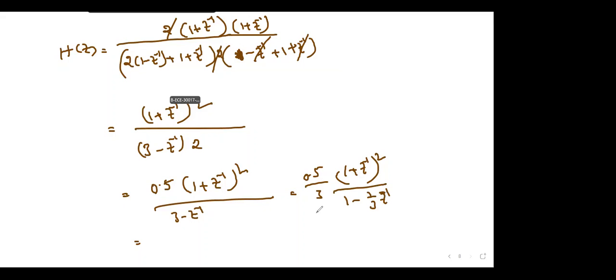What is this 0.5 by 3? 0.166. So 0.166 into (1 plus z inverse) whole square divided by (1 minus 0.333 z power minus 1). This is your problem.